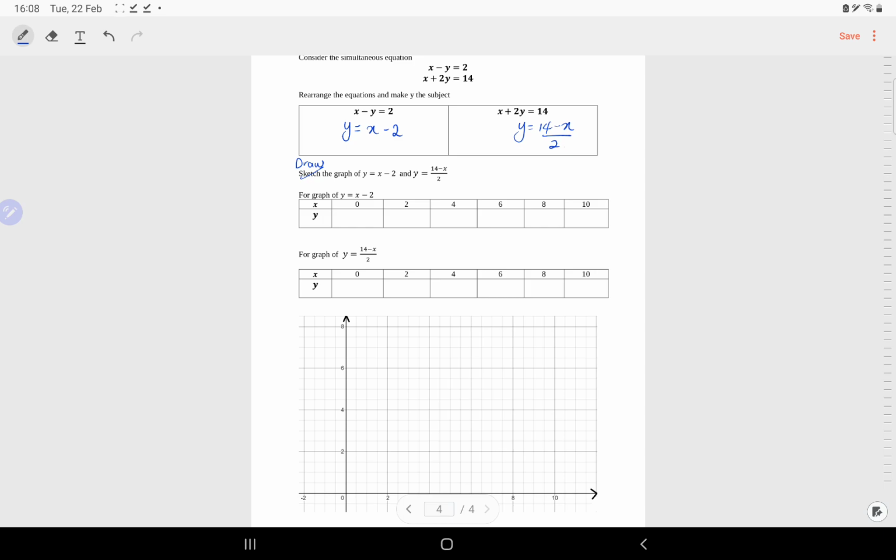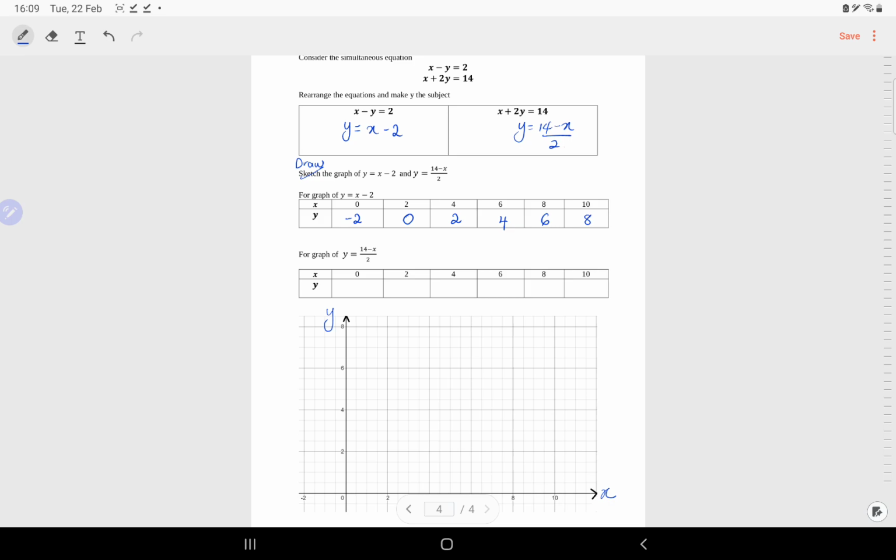For the graph y equals x minus 2, we're going to plot x from 0 to 10. That's my x-axis and that's my y-axis. When x equals 0, y is minus 2. When x equals 2, y is 0. And then the next ones, y is 2, 4, 6, and 8.